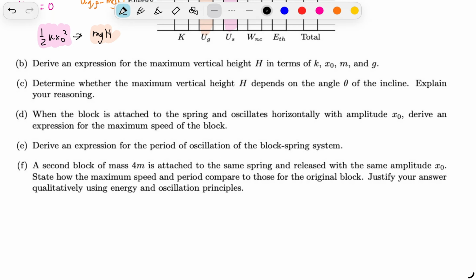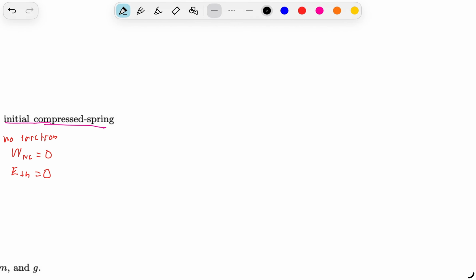So now we want to determine whether the maximum vertical height h depends on the angle theta of the incline, and explain your reasoning. For this, you're going to use conservation of energy, which means your initial kinetic plus your initial spring plus your UG initial is equal to K final plus US final plus UG final.